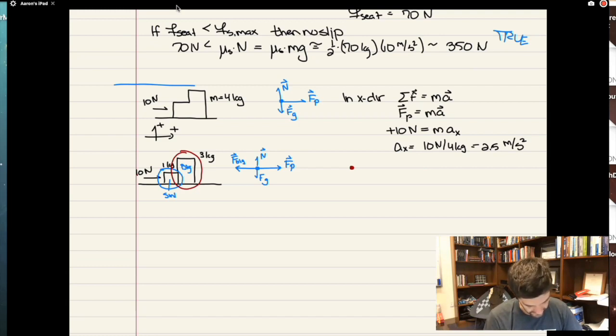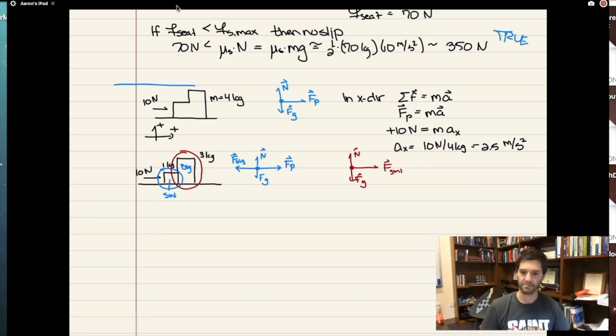It of course has gravity and it's touching the surface. But now if I look at what's touching it, I'm not pushing on the big block with 10 newtons of force. But the little block is touching the big block. So there is a force from F small. The small block is pushing on the big block. And that's it. Those are the forces that are acting on the 2 systems.